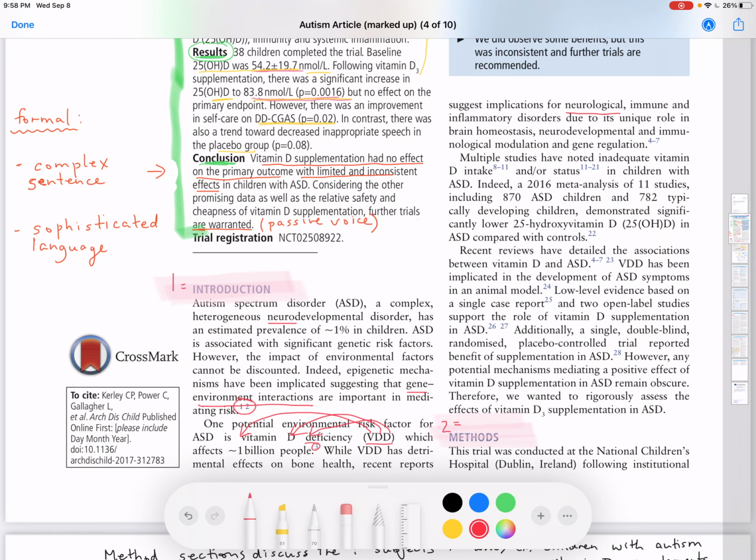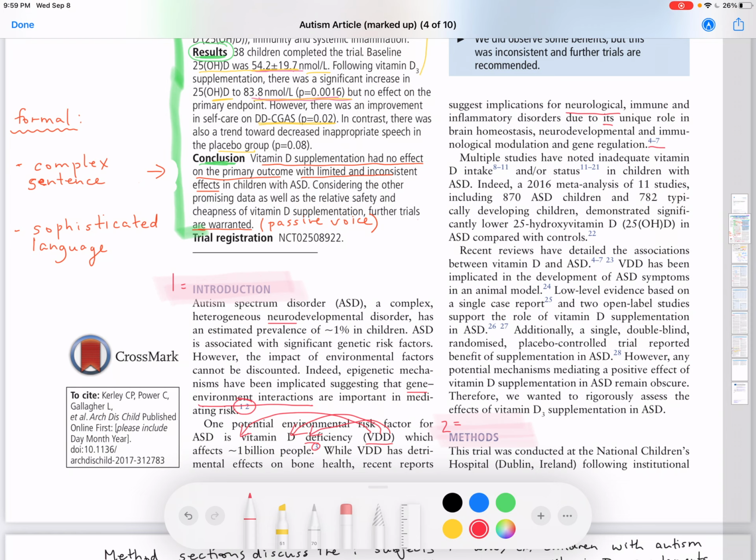So recent reports suggest implications of neurological, immune, and inflammatory disorders due to its unique role. Its is referring back to vitamin D. Its unique role in brain homeostasis, keeping the brain stable, neurodevelopmental and immunological modulation processes, and gene regulation. And again, we see the sources.